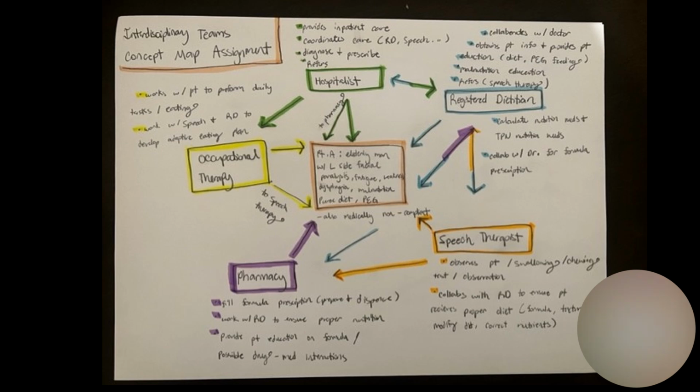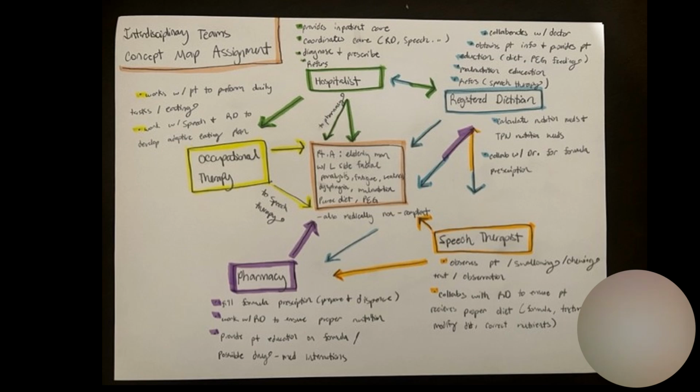Once the patient requires the tube feeding, the dietitian will work with the hospitalist or the physician to come up with the correct nutrient needs and collaborate on which type of formula would be best for this patient, which then the doctor can then call and have the pharmacy fill this formula prescription.